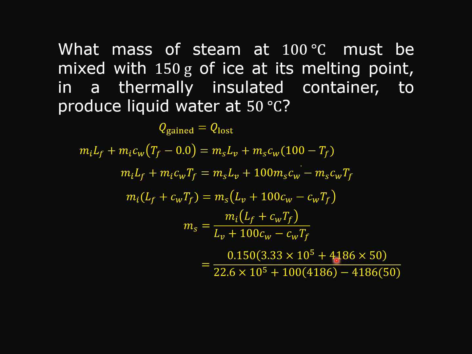It is 4,186. T final is 50. Lv is the specific latent heat for vaporization. It is 22.6 times 10 to the power 5 joule per kg. Again, these cw values are the same. And this is also cw, and Tf is 50 again.